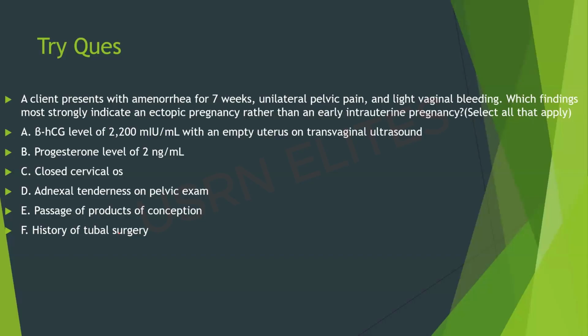If you do a transvaginal ultrasound and there's no gestational sac in the uterus, it tells you it's a possibility of ectopic. With adnexal tenderness on pelvic exam, unless you do a scan or further tests, it doesn't rightly tell you that the patient is having ectopic.